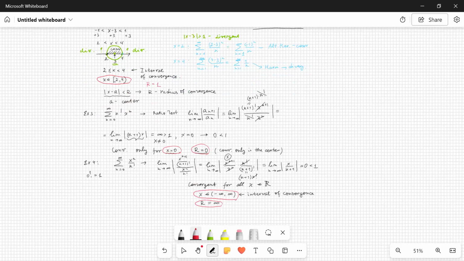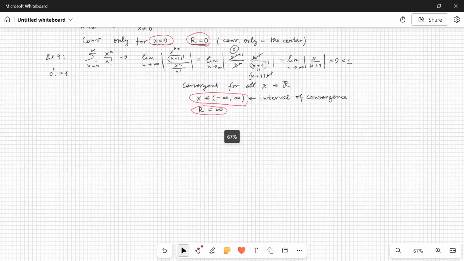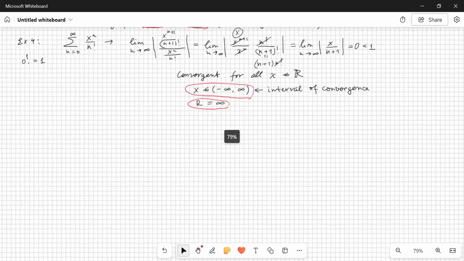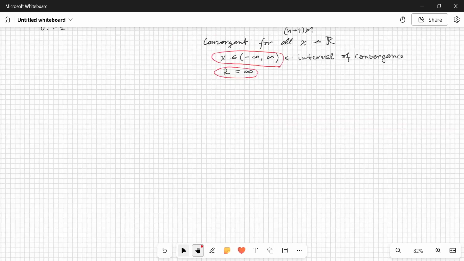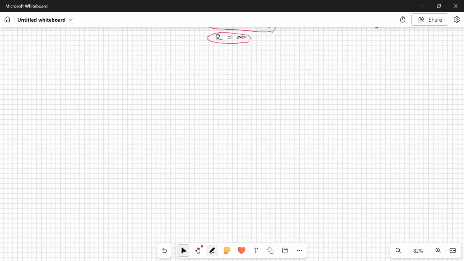So I'm going to summarize it into a theorem, which is describing all possible outcomes of the power series. Okay, make it bigger again so I can write it down.